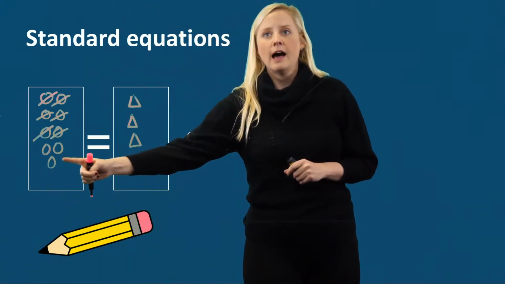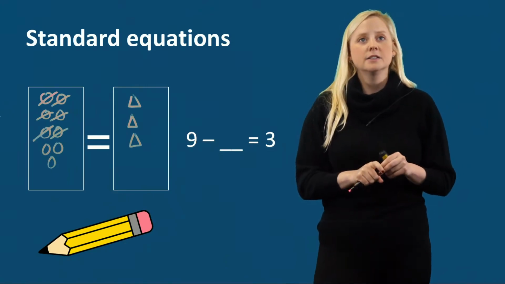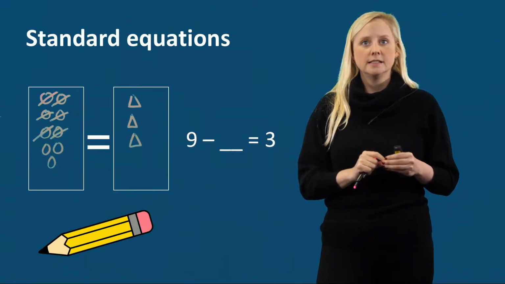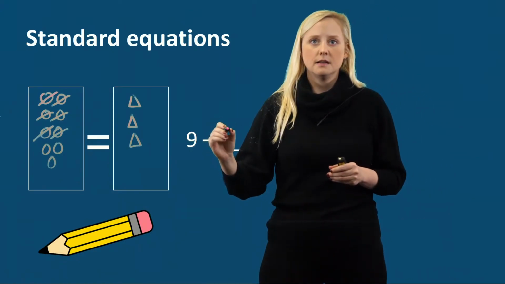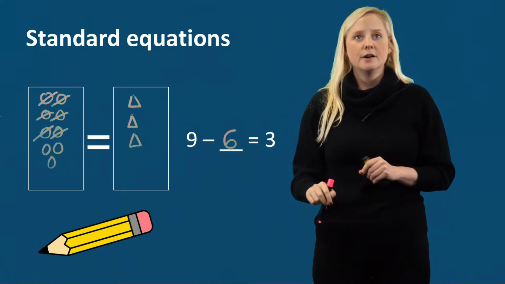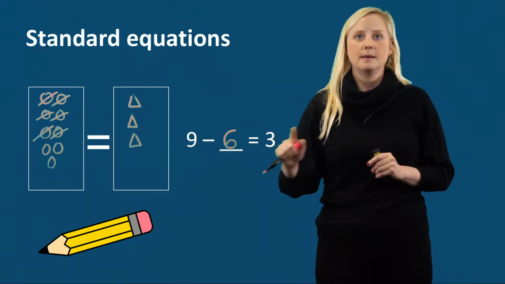So now I have 3 circles and 3 triangles. My sides are the same. So I subtracted 6. Because I subtracted 6, that's going to be the number that goes here. So I know that my equation completed reads 9 minus 6 is the same as 3.